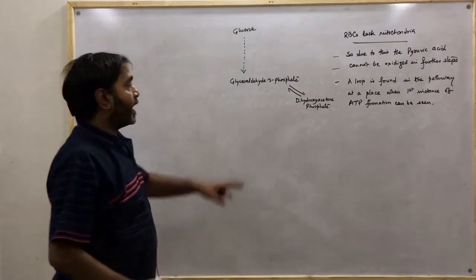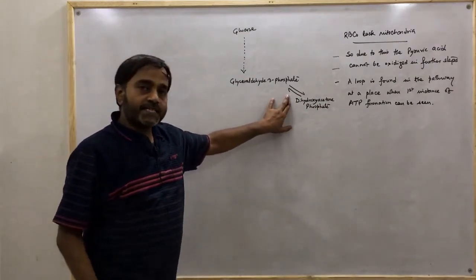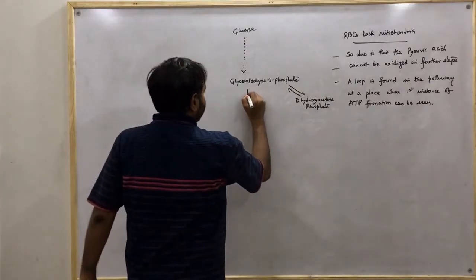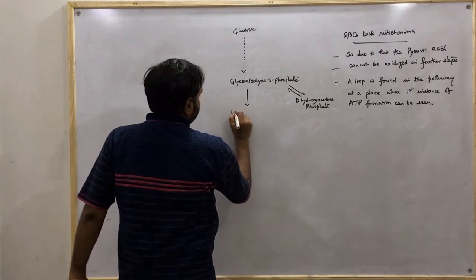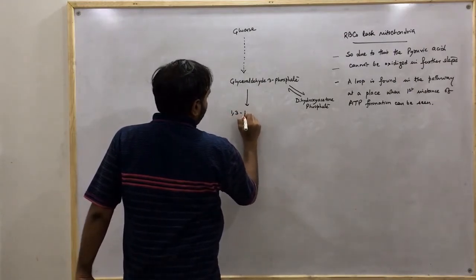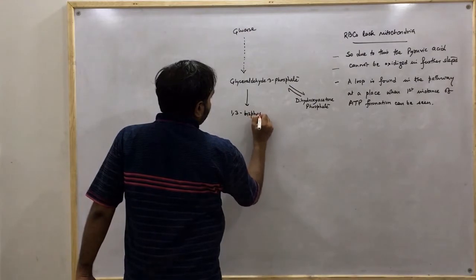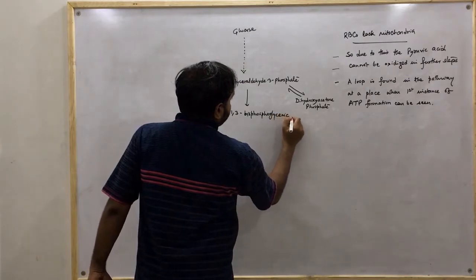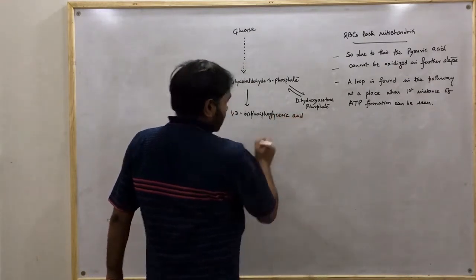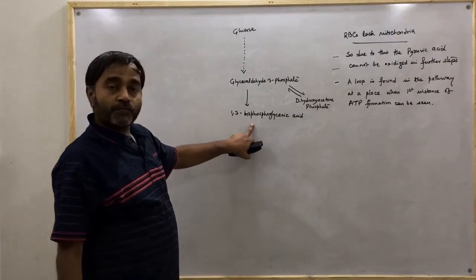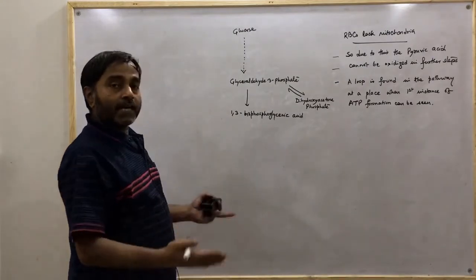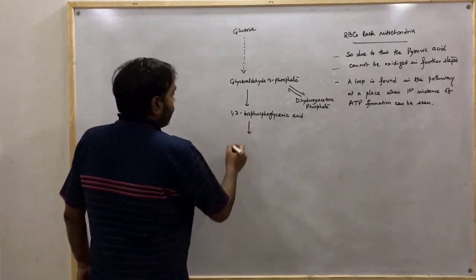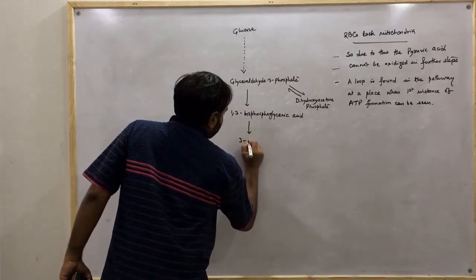We already have seen that, and triose phosphate isomerase is the enzyme which promotes the interconversion, and after that we already have seen that 1,3-bisphosphoglyceric acid is formed, and from 1,3-bisphosphoglyceric acid, normally in the glycolytic pathway we can see that it will again form the compound, that is 3-phosphoglyceric acid.